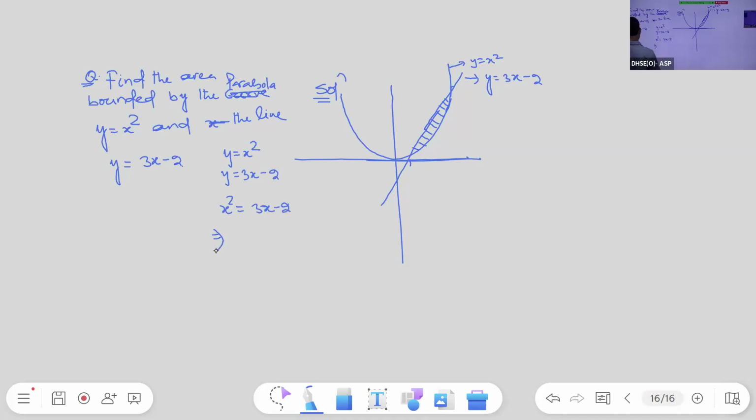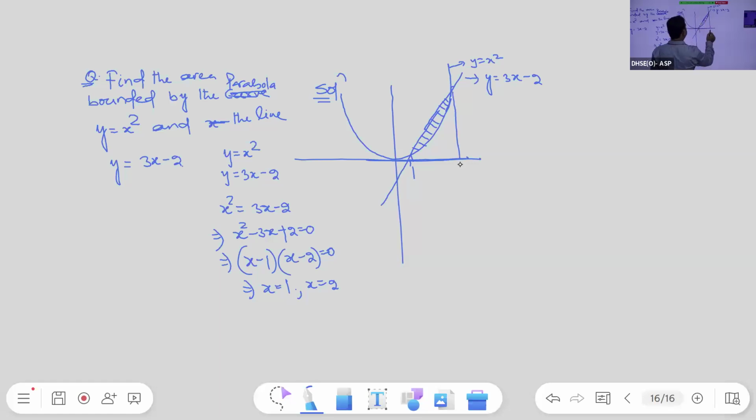This implies x square minus 3x plus 2 equals 0. Factorizing, this gives x minus 1 into x minus 2 is equal to 0. This implies either x is equal to 1 or x is equal to 2. So this is x is equal to 1 and this is x is equal to 2.